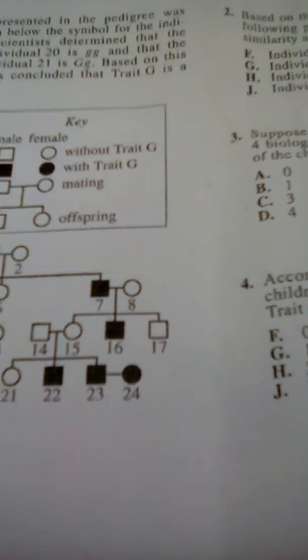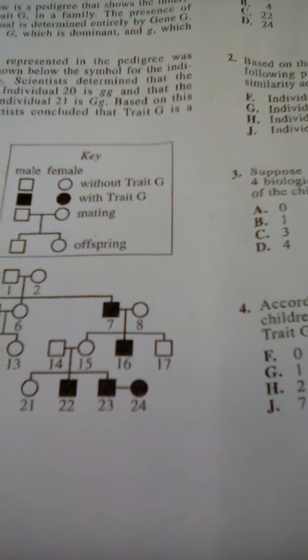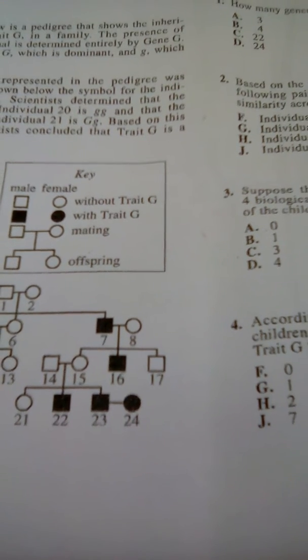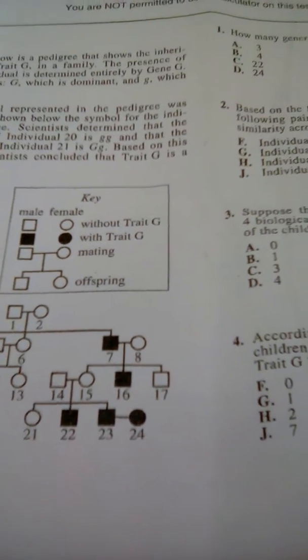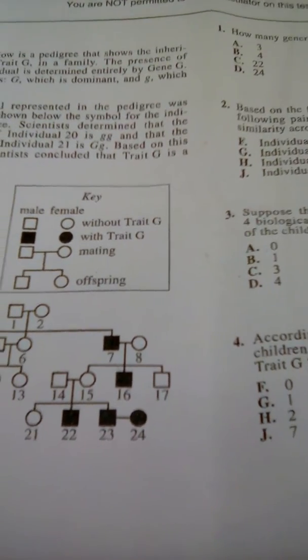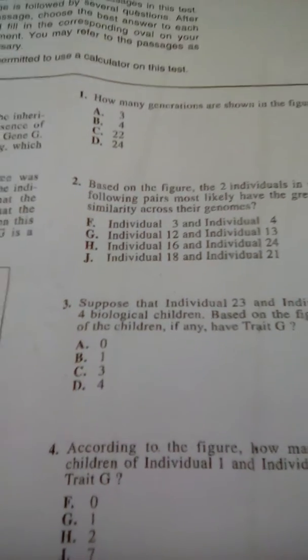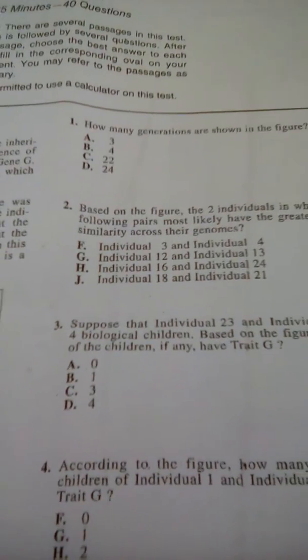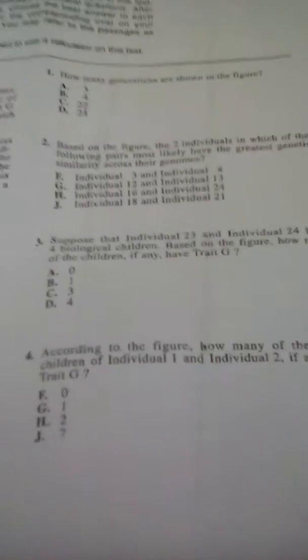Little g mates with little g. So if they have 4 children, all 4 will have trait G because there is no dominant gene. Little g is in every one of them. The answer is D, 4.